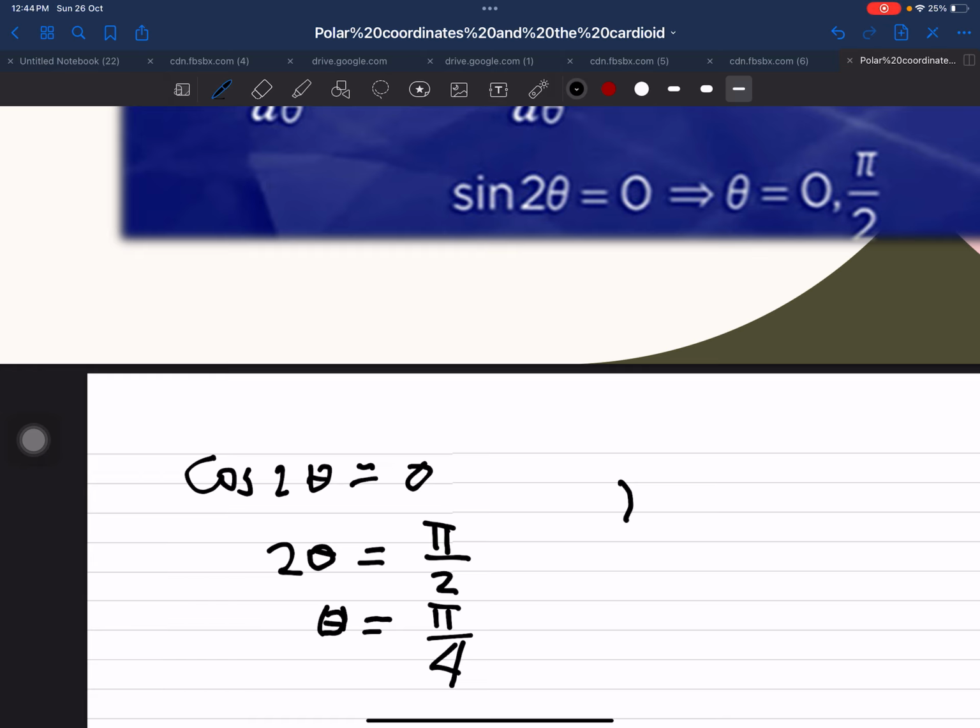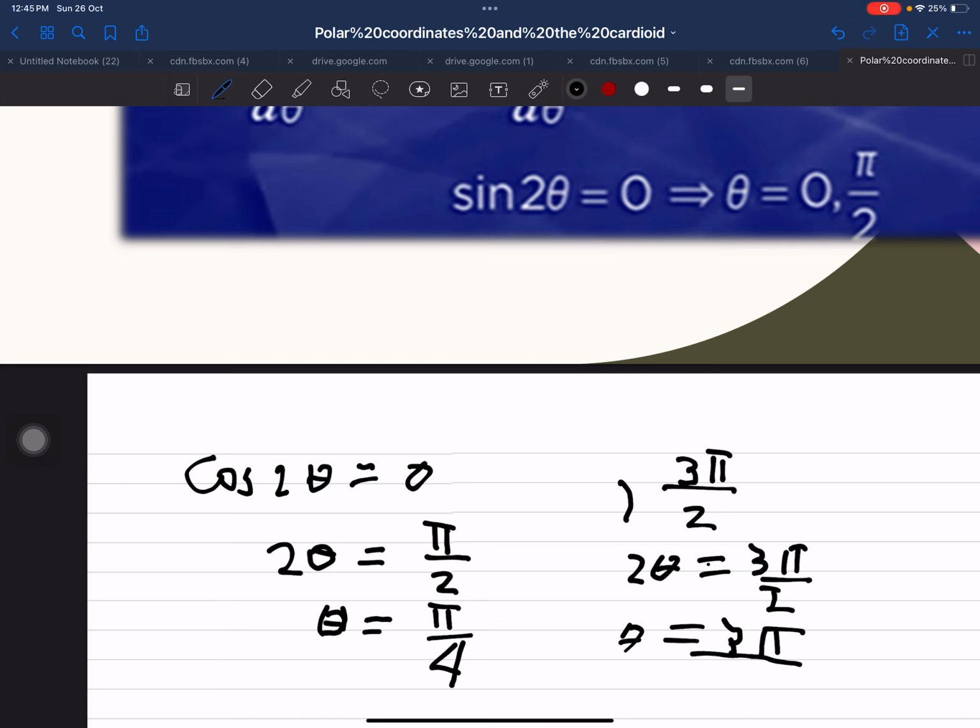Also at 3 pi over 2. So 2 theta is also equal to 3 pi over 2, and when you multiply both sides by 1/2, then theta must be equal to 3 pi over 4.